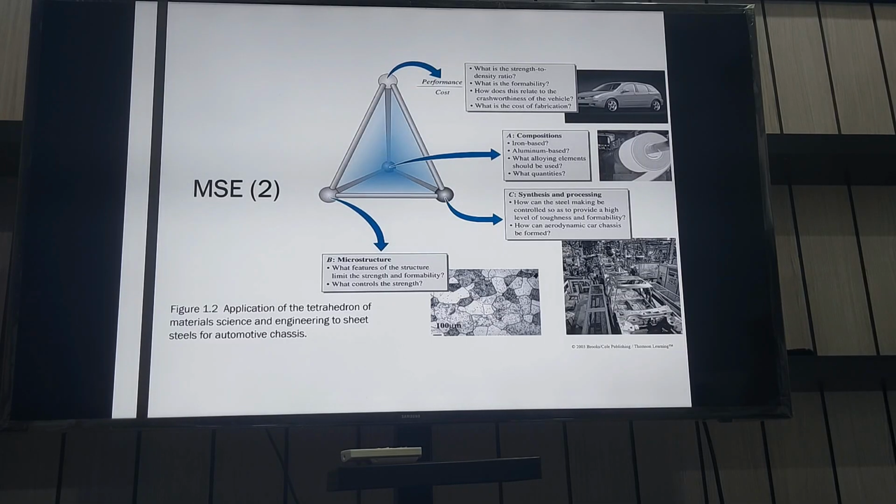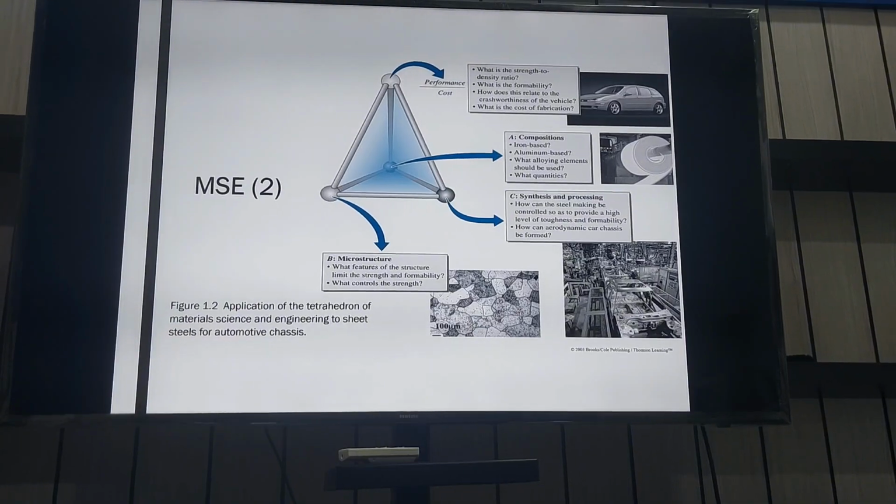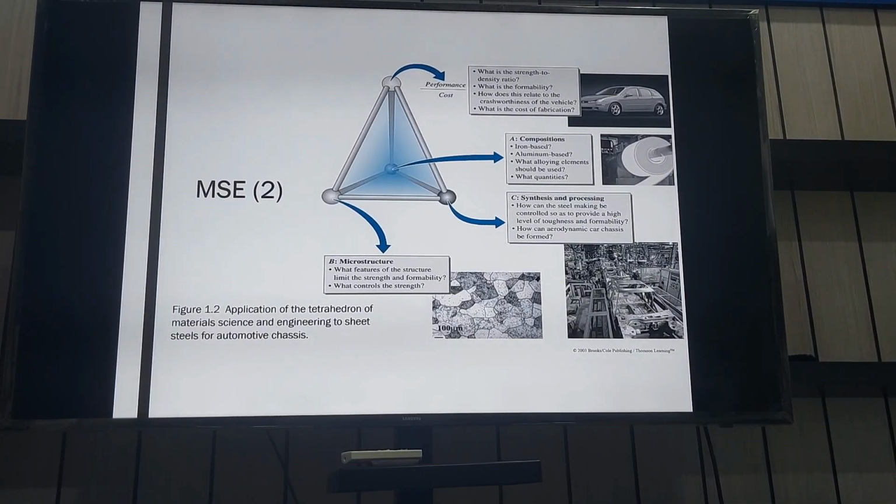Defect. It becomes defective. The opposite of pure is defect, impurities. The impurities of the material will determine whether the material will have more strength or less strength.